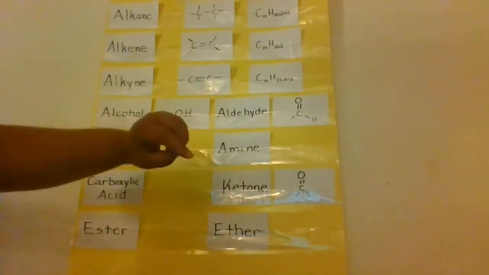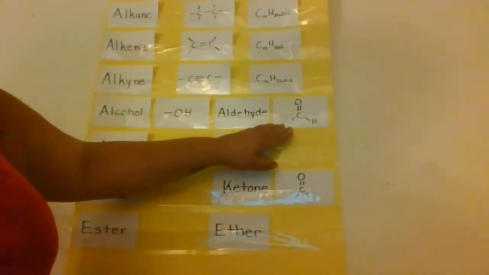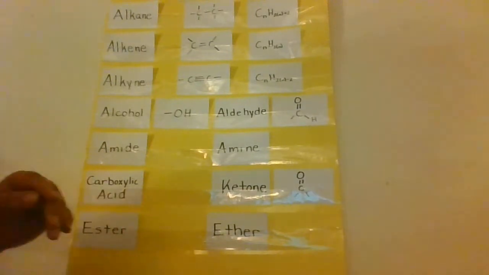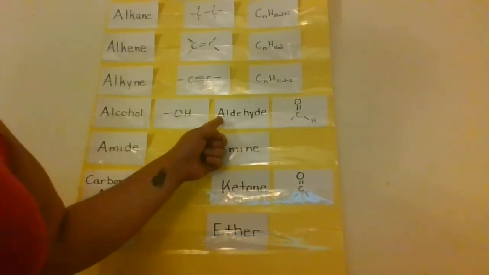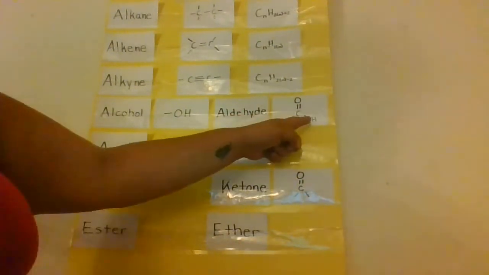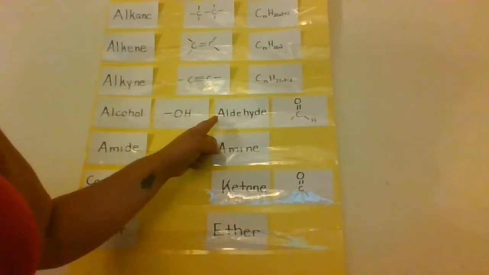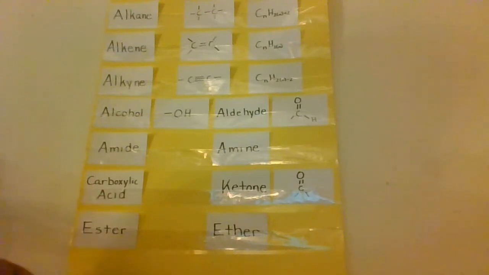And when you're naming your organic structures that contain an aldehyde, the end of that word will be changed to AL. Much like the word aldehyde, where that hydrogen is hiding, AL will be the suffix for that organic structure. And that will all come into play on our next installment.